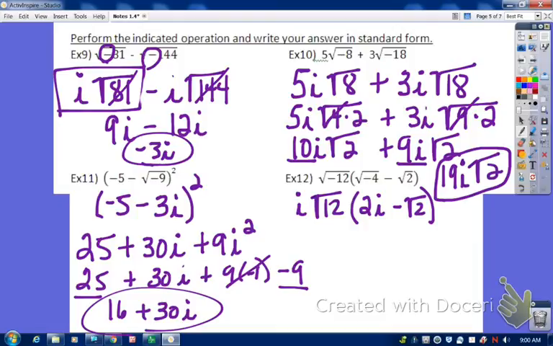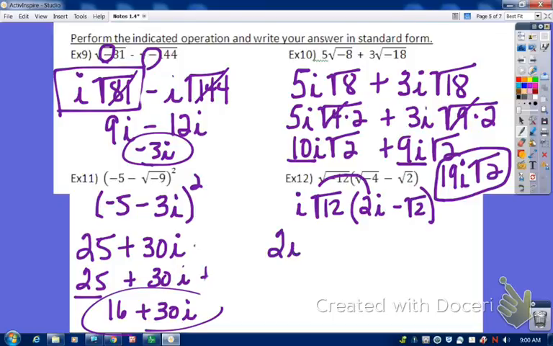So are we adding here, subtracting here, or multiplying here? We are multiplying, okay? So what do we get when we multiply the first 2 terms together? 2i squared, square root of 12. Good. What do we get when we multiply the last 2 terms together?